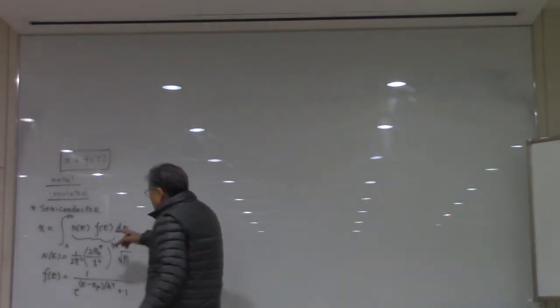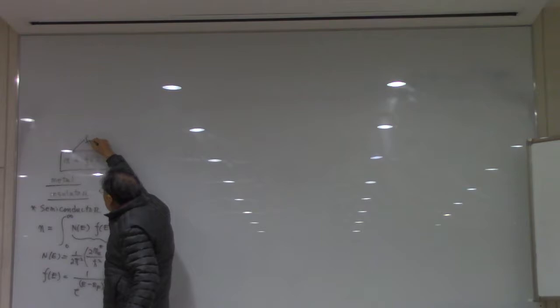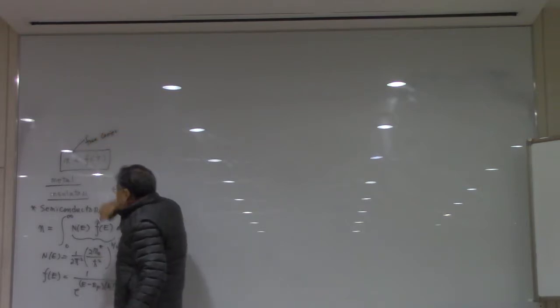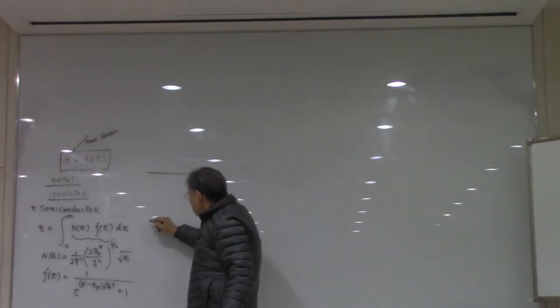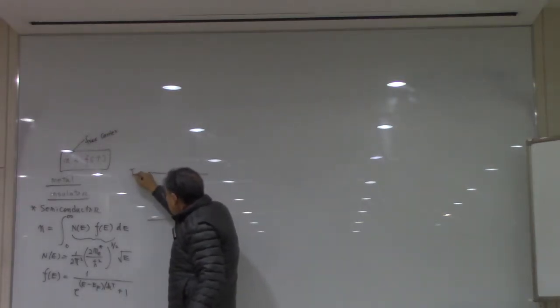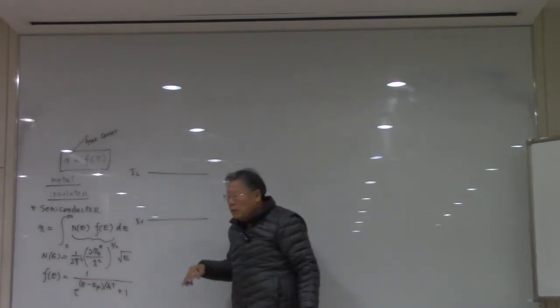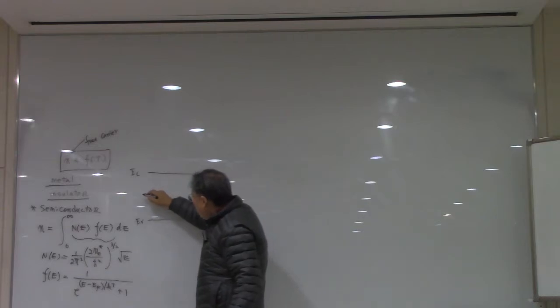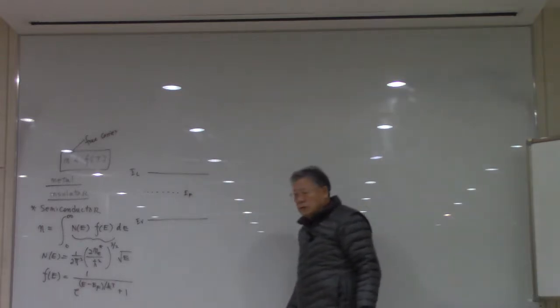Now, since we are talking about the free carriers, if you draw the semiconductor, there is the conduction band and the valence band, and somewhere in between the conduction band and valence band, we are going to have a Fermi energy, something like this, right?